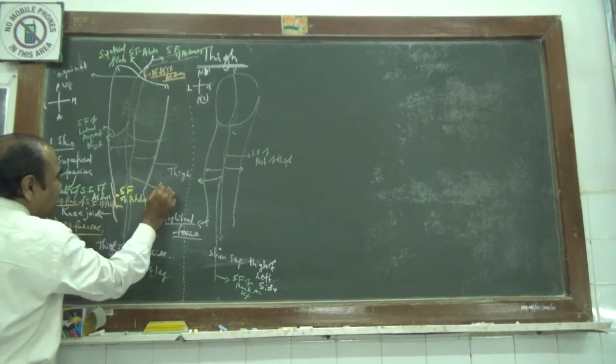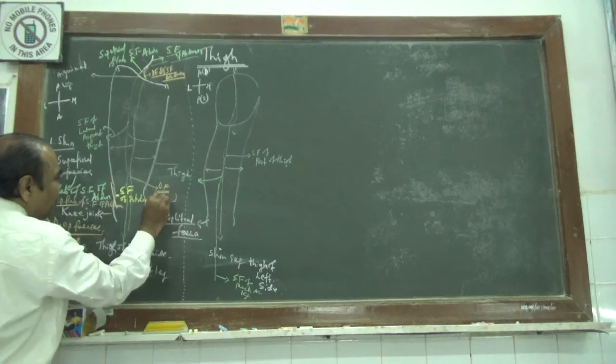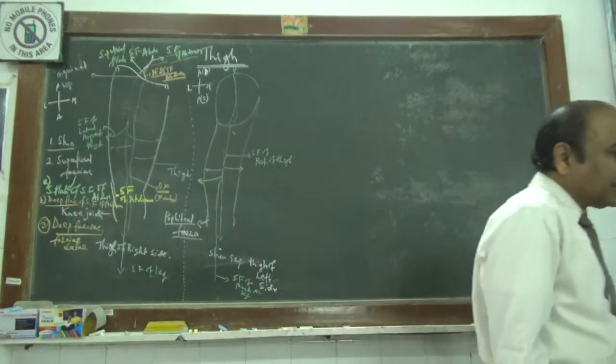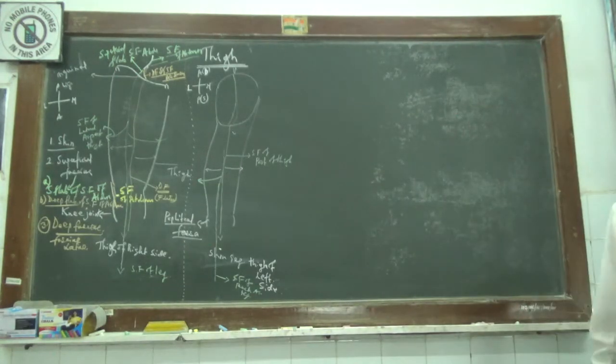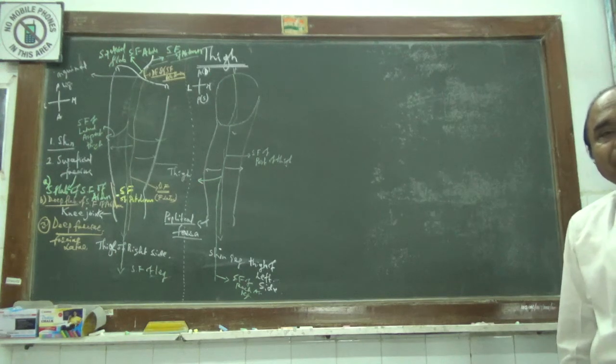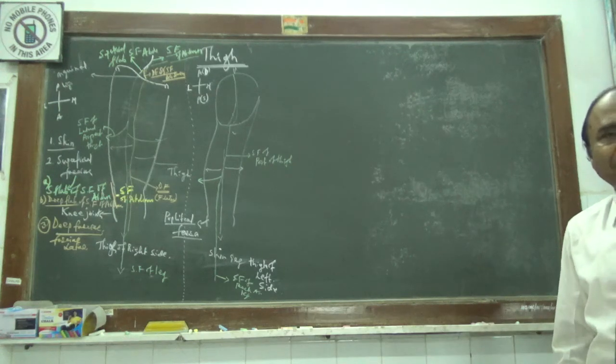This is the deep fascia of the thigh, which is also called fascia lata. Now this fascia lata has a difference in density and thickness as it traverses the region of the thigh itself.